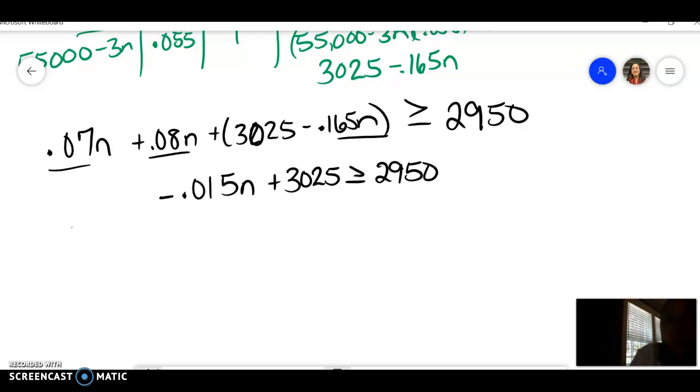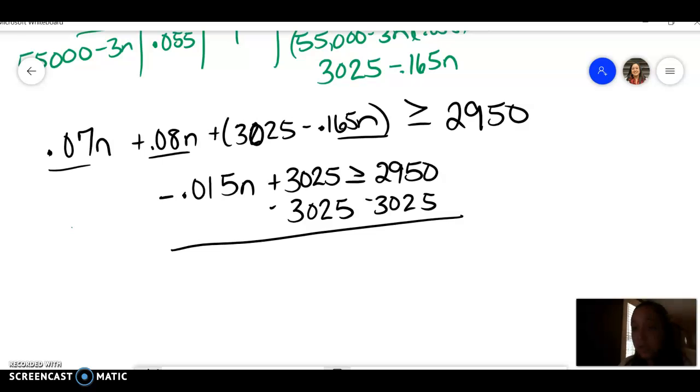We are solving for n, which means I need to isolate n. So I'm going to move that 3,025 to the other side of that inequality. When I subtract it from both sides, I am left with a negative 75 on the right side, and on the left side, I'm left with a negative 0.015n.